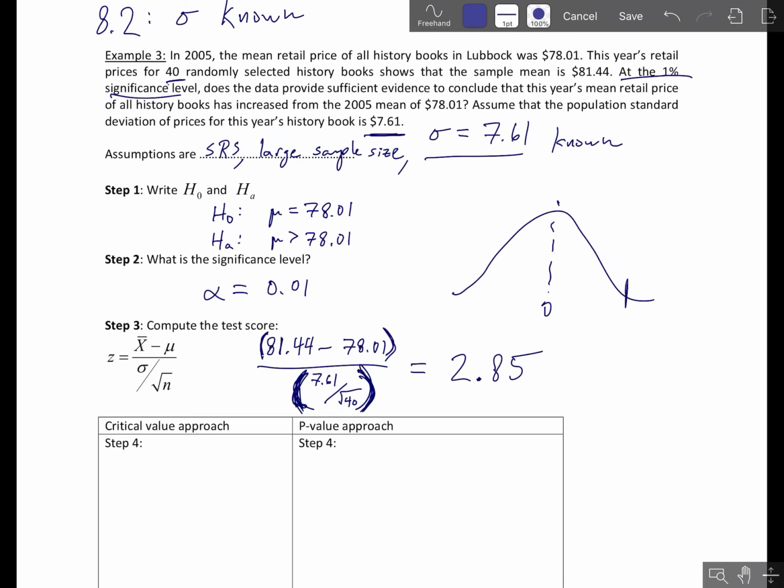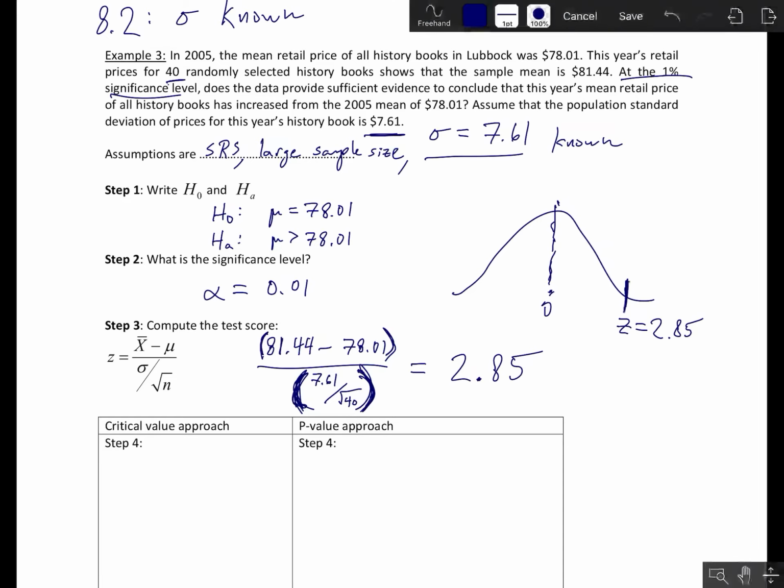So in other words, whenever we standardize, our picture looks something like this. So we've standardized, and our test statistic is way over here. So in other words, we've gotten that the mean from the sample is significantly far to the right relative to the mean that we originally had in 2005.